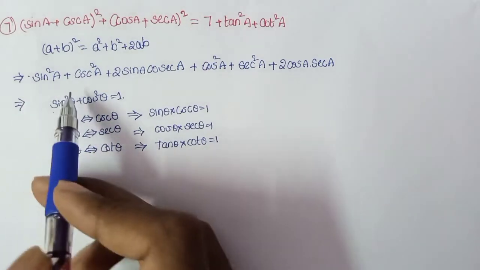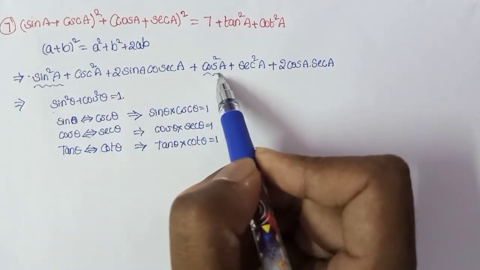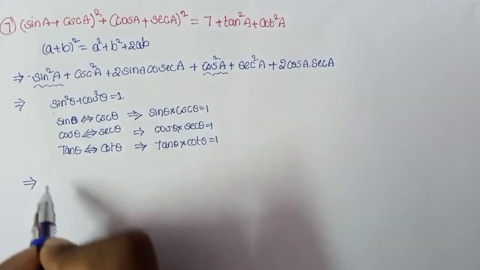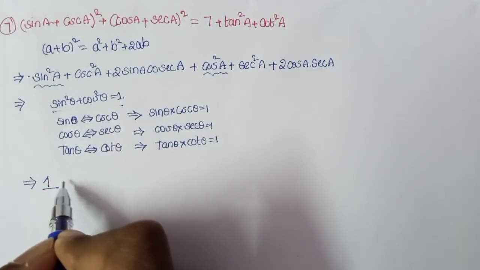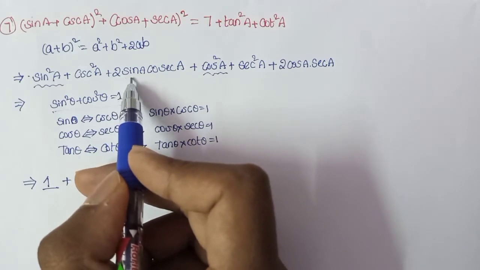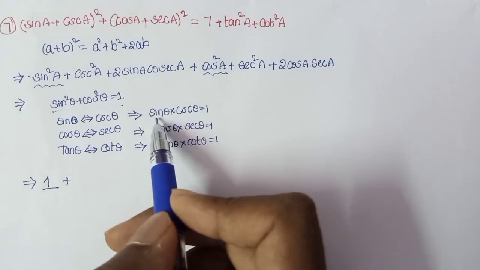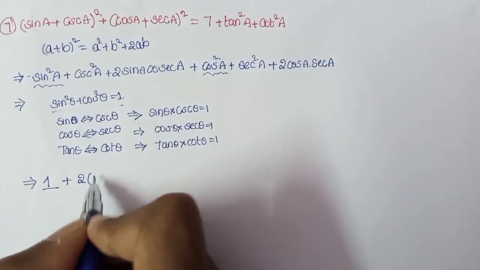So here you can observe, this is sin square A and here is cos square A. So sin square A plus cos square A is what? 1, from this identity. Then 1 plus 2 sin A cosec A. That means sin A cosec A, I said sin theta cosec theta is 1, so 2 into 1.